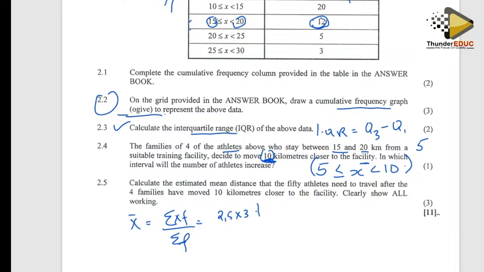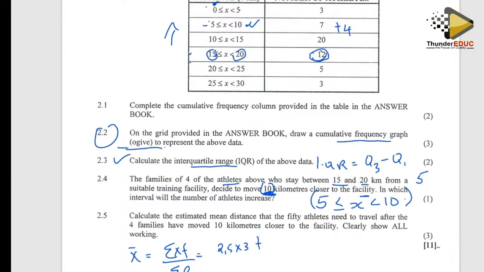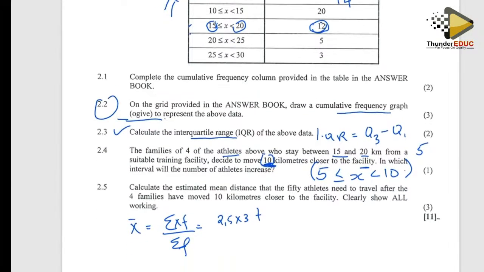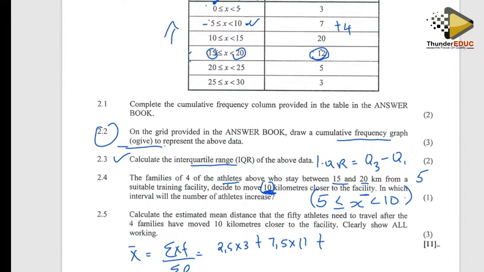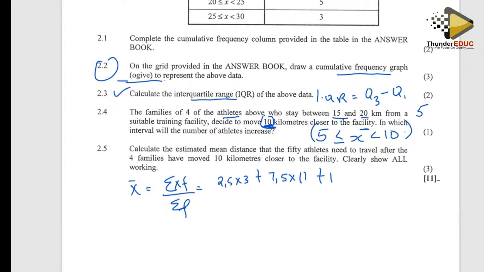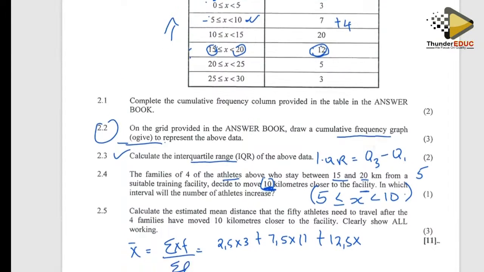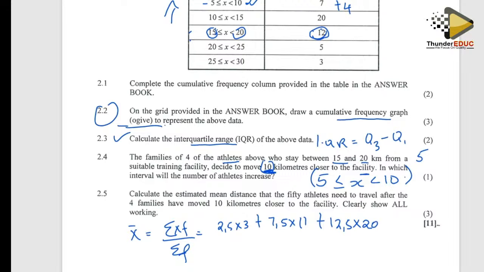times 3 plus the next one will be 7,5 times 11 plus, now that's going to be 12,5 times how many? 20 plus the next category is going to be 17,5.